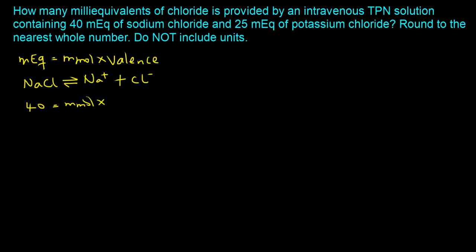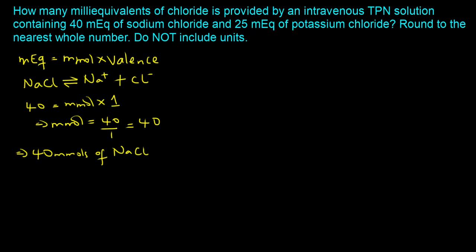Now the valence of sodium chloride is actually 1, so your millimole is equal to 40 divided by 1, which is 40. So now this implies that you actually have 40 millimoles of sodium chloride.